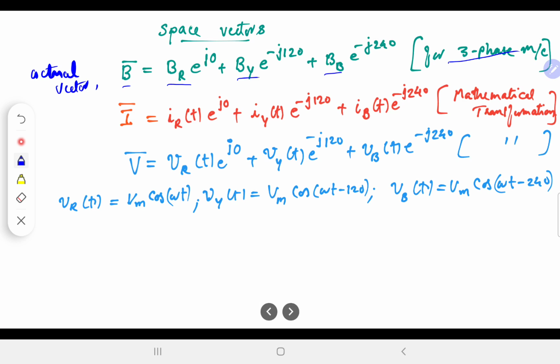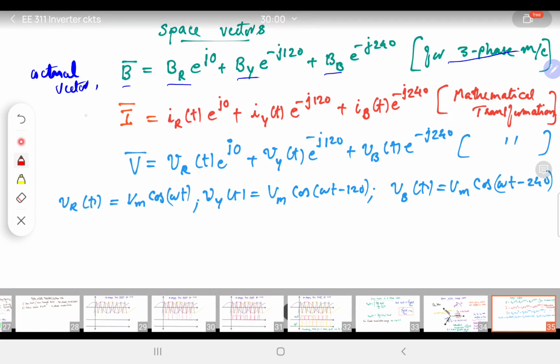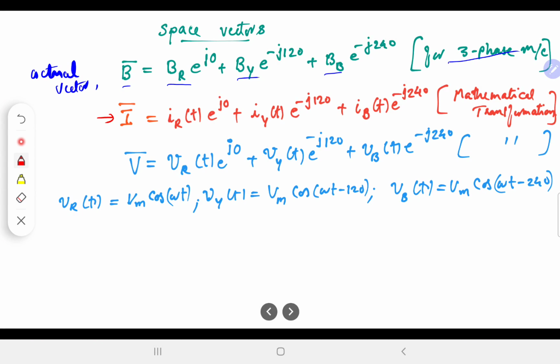Now, along the same lines, we can think of a vector which is not a physical vector. It's a mathematical transformation, a compact form representation of three-phase currents. So we are trying to represent these three-phase currents as a single quantity, which is a space vector.